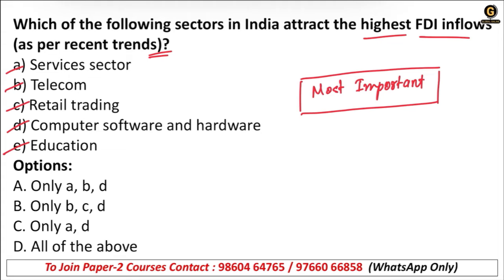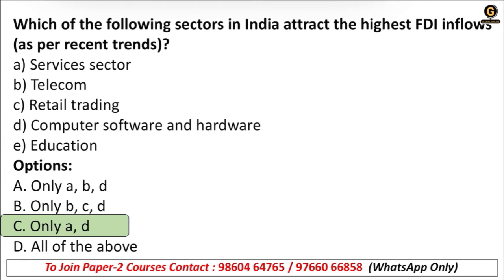Make it most important. So the right answer of this question is option C, only A and D. Service sector, computer software and hardware. These are the sectors in India that attract the highest FDI inflow.